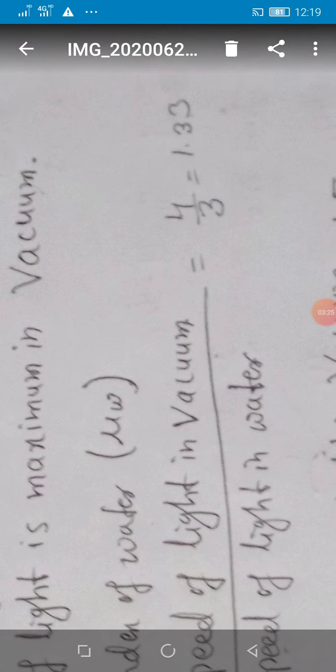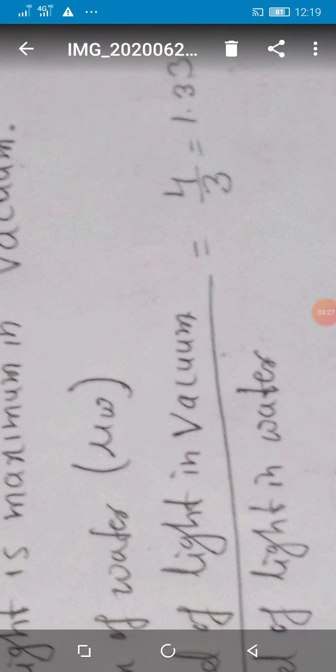This value you have to remember, 1.33. So what I have said, the refractive index of water is 1.33. What does this mean? When the light enters water from air, its velocity will reduce. How much will its velocity reduce? It will reduce to 1 upon 1.33 times its velocity in vacuum.